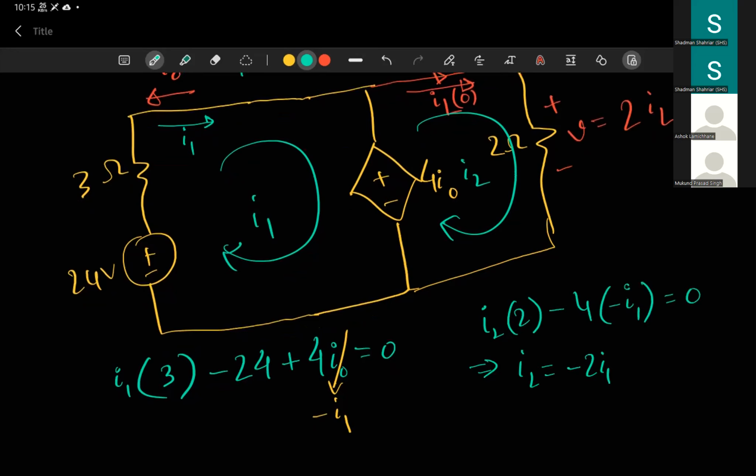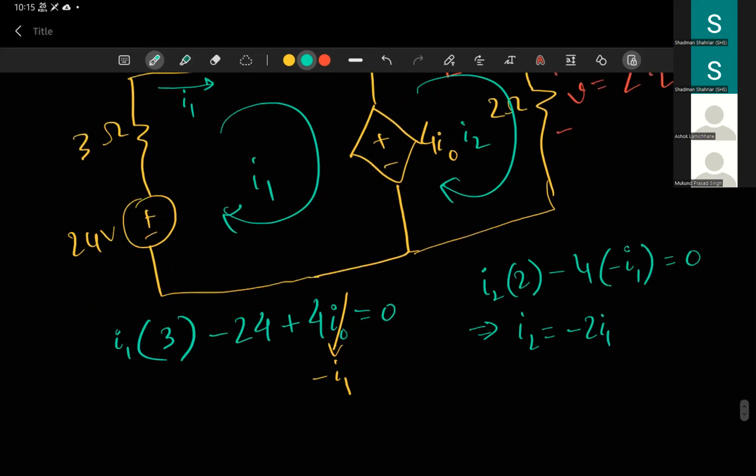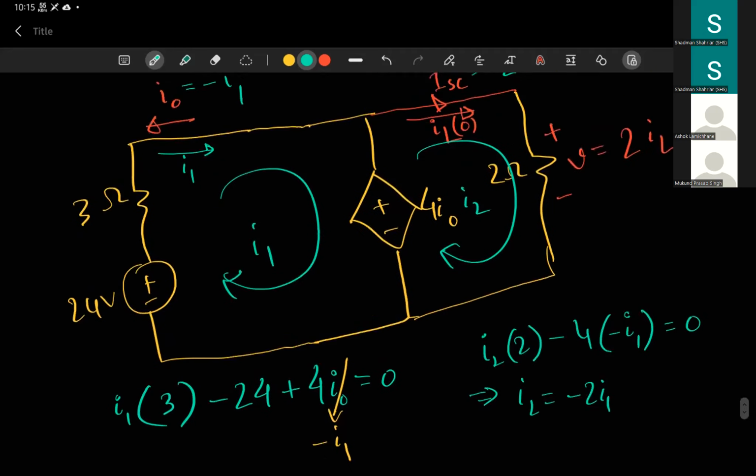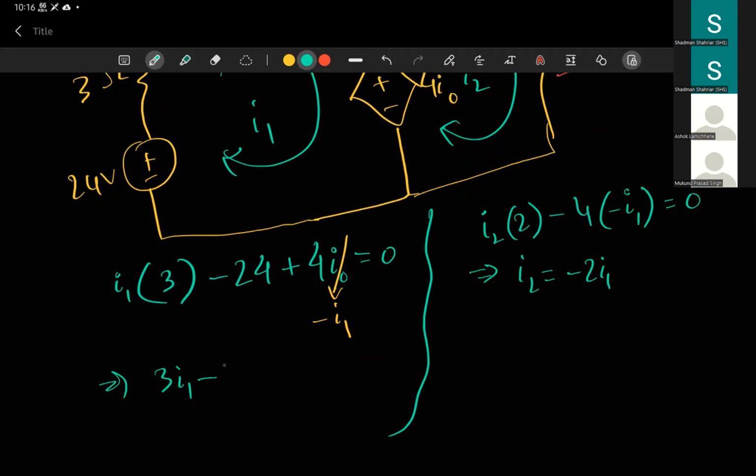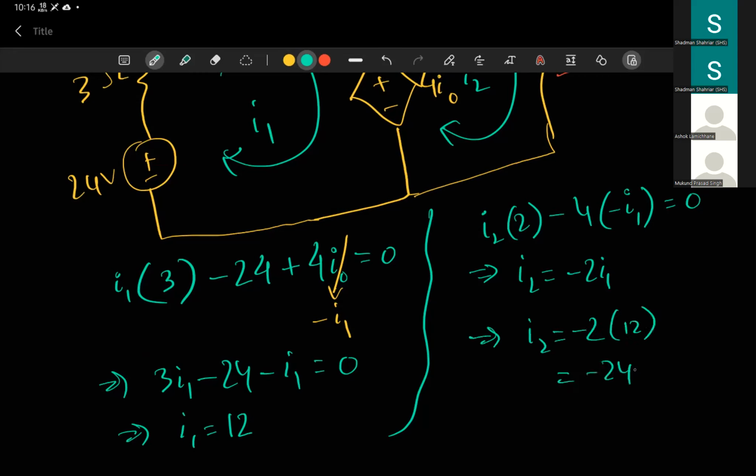Replace the value of I1 into the mesh 1 equation: we have 3 I1 minus 24 minus I1 equals to 0, and the value is basically I1 equals to 12, right? Yes, sir. So that gives us the value of I2 to be minus 2 times 12, which is minus 24 amperes. It's a negative value, but I don't care, okay? Whatever the value of I2 is, that is your short circuit current and your initial current.